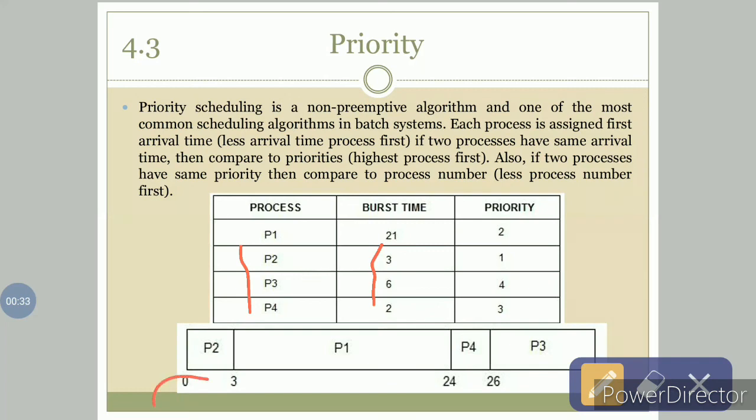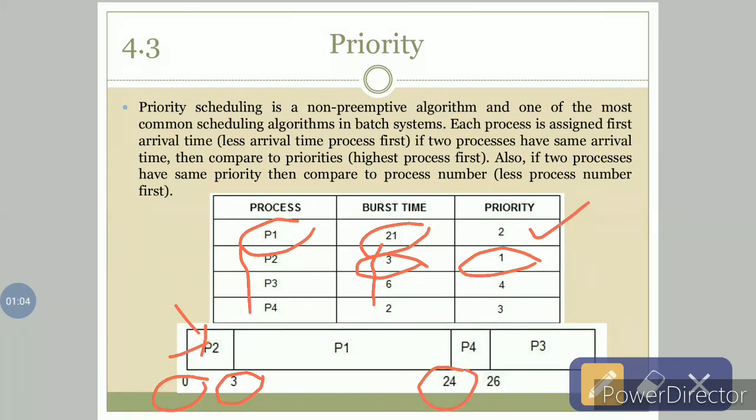At arrival time 0, P2 comes in and it requires 3 units of time for its execution. First we execute process P2 because it has the highest priority, so it starts its execution with 3 units of time. After completion of P2, the second highest priority is P1, so we start executing process P1 with its burst time of 21 units of time, which becomes 24.